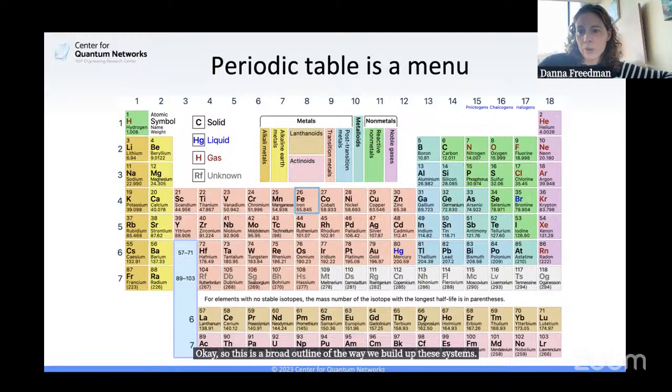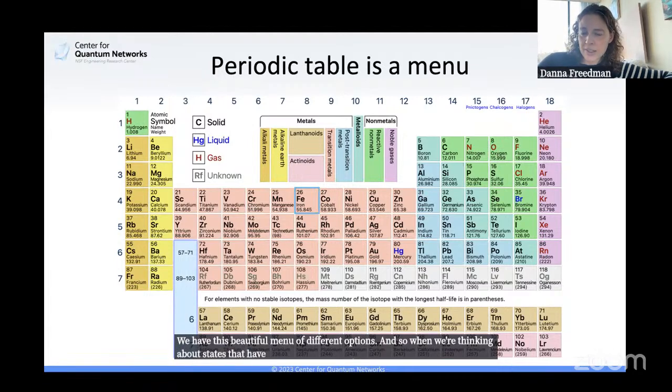If we want to move from something like water to transition metal or lanthanide complexes, we have this beautiful menu of different options. And so when we're thinking about states that have, for example, a spin optical interface, which is the goal of developing systems that can be part of a quantum internet, you probably need some sort of spin optical interface.